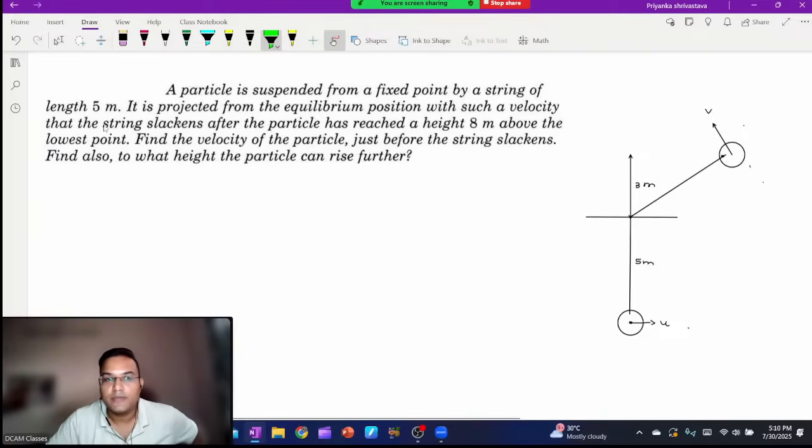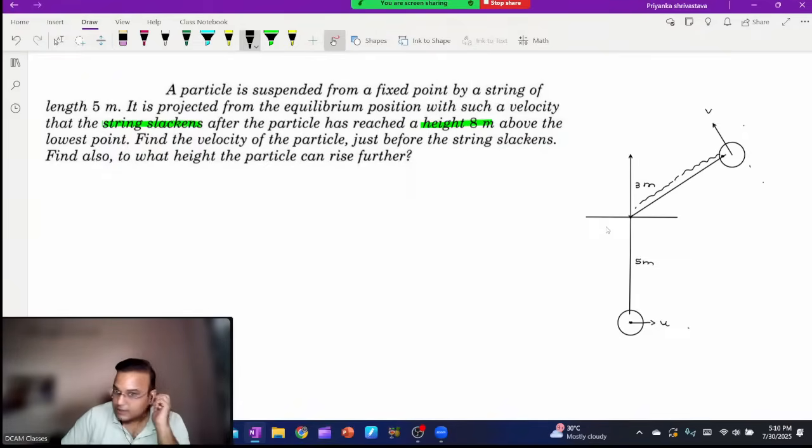What they are trying to say: the string slackens with such a velocity that the string slackens after the particle has reached a height 8 meter. Means after this height, the string slacks. Means it becomes like this. Between A and B, at point B, the velocity will not become 0, but just after B, the string will slack.